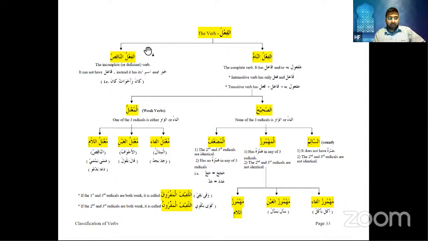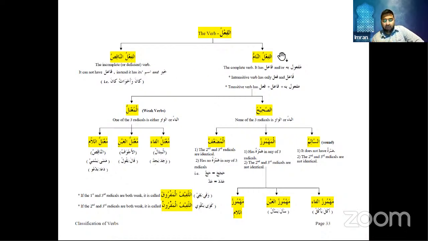Now, in the Arabic language, what you see on the screen is that all of the verbs are divided, according to the letters they contain, into the following categories. So a verb, al-fi'l, first of all, is divided into fi'l al-tam and al-fi'l al-naqis.